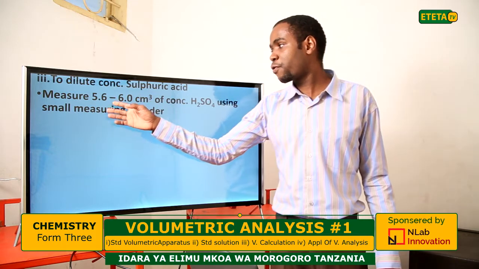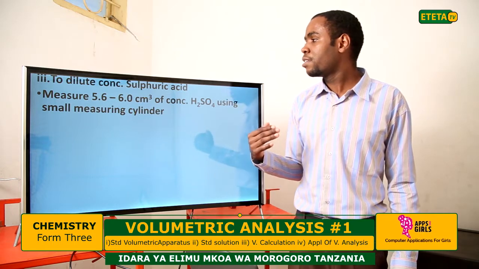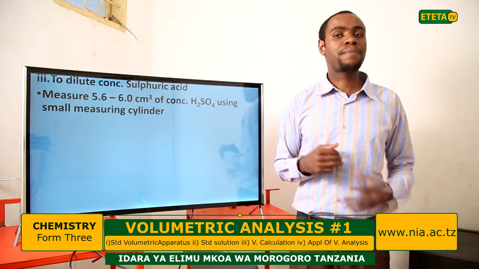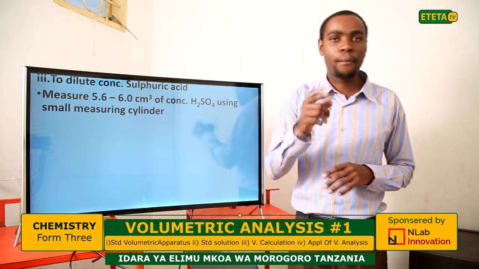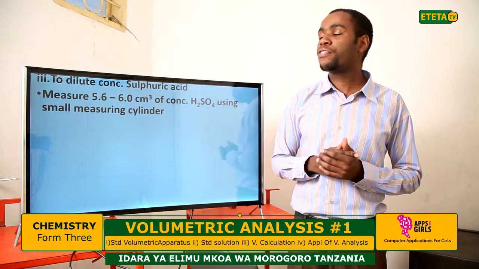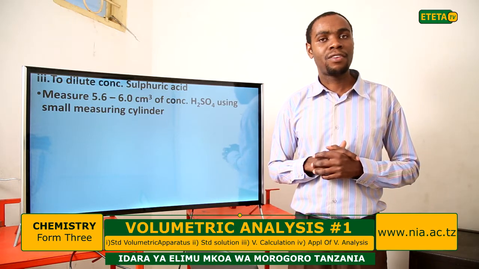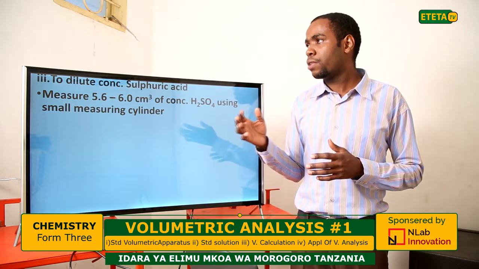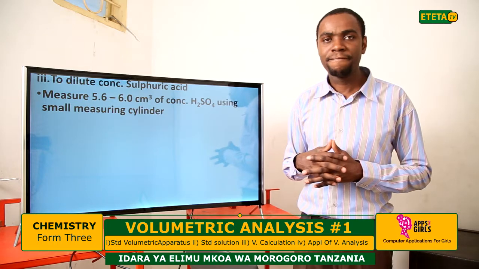The purpose of measuring from 5.6 to 6 centimeter cube is to obtain a molarity which is higher than that expected. Maybe we expect to prepare 0.1 molarity of sulfuric acid. Now we need to have a molarity which is above 0.1 in order, during the standardization process, to obtain the molarity which is required.